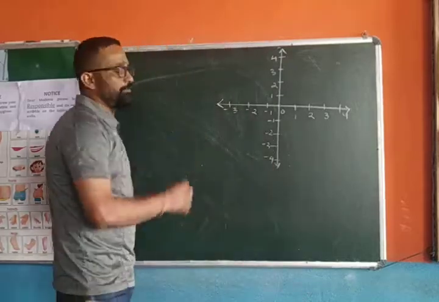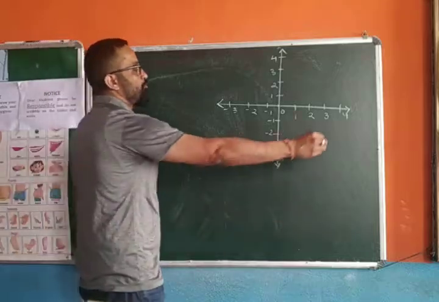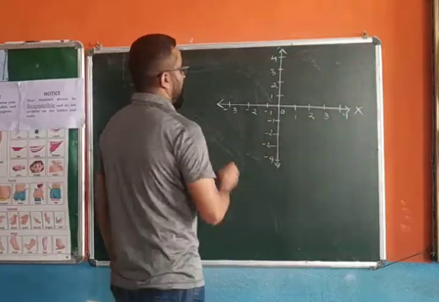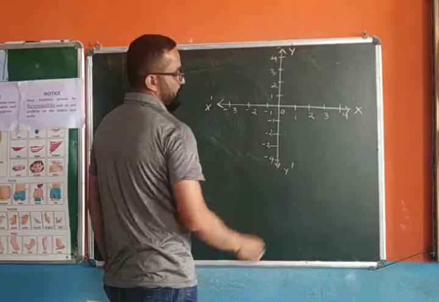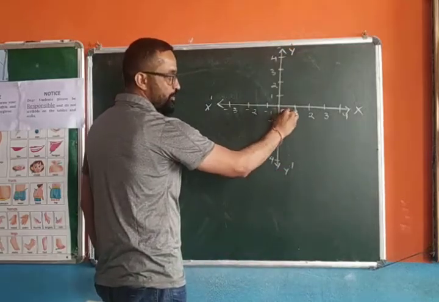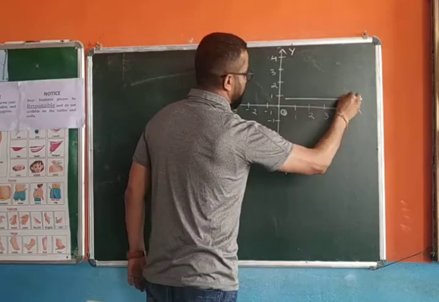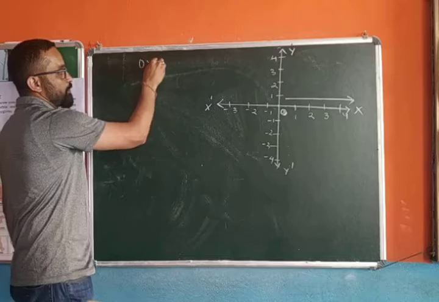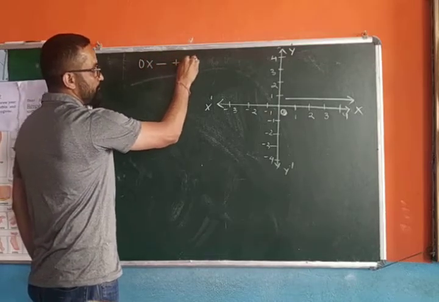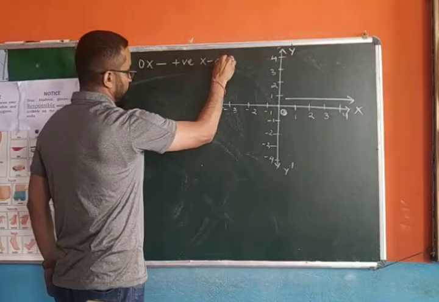If you look at this figure, you write X, X dash, Y and Y dash. From the origin to the right side on the horizontal line, OX is called the positive x-axis.